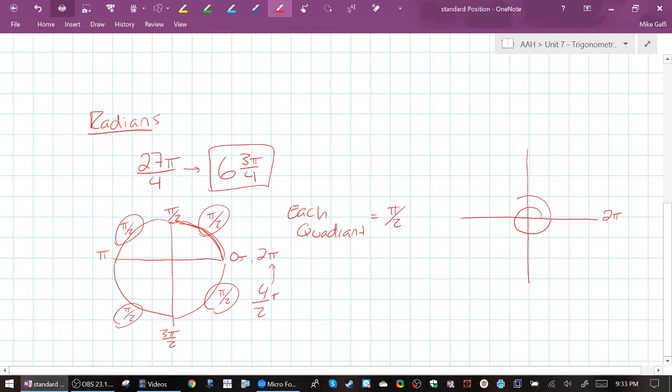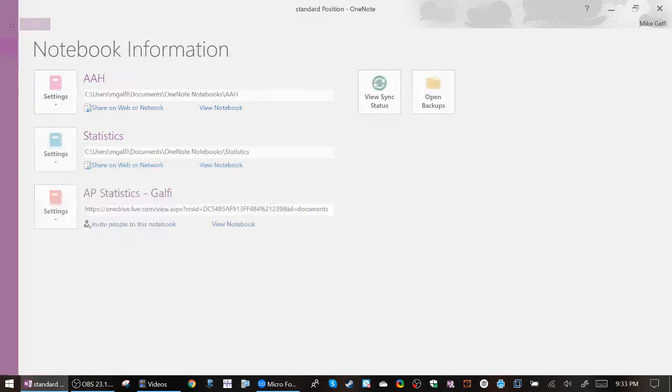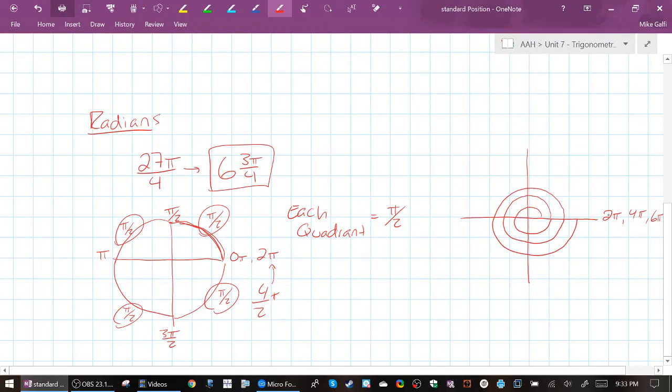If I go around again, one more full circle, that's another 2 pi, so that puts me at 4 pi. And if I go one more time all the way around, that will put me at 6 pi. So we have 1, 2, 3 full rotations to get me to 6 pi.